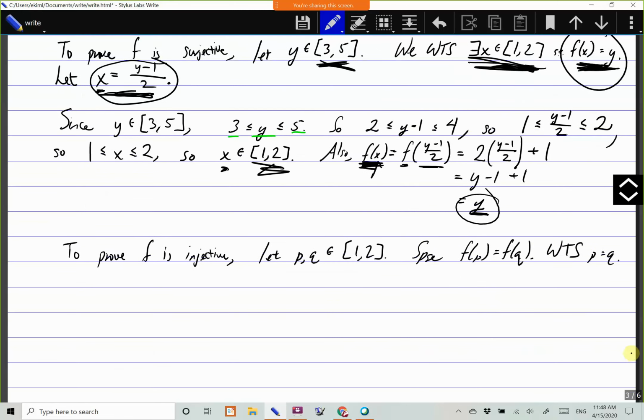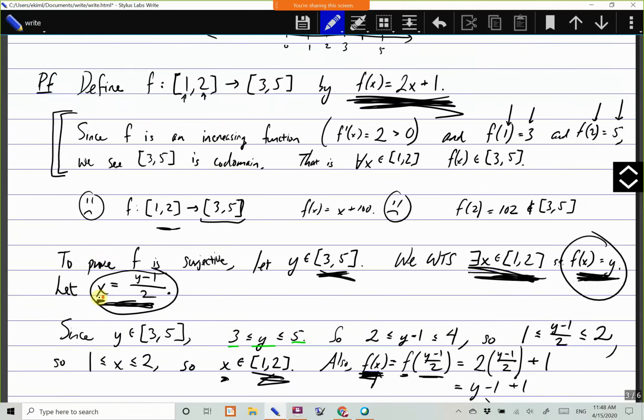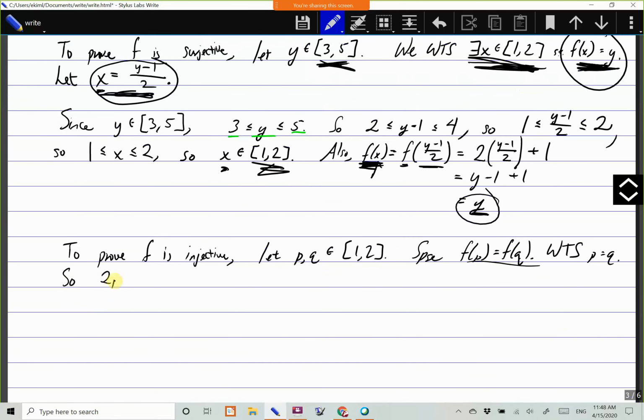So what does it mean that the outputs are the same? From here, f of p, well, what is f of p? What does f do? 2x plus 1. So 2p plus 1 equals, and then replacing f of q based on the rule, 2q plus 1. Now subtract 1 on both sides, so you have 2p is equal to 2q, and then divide both sides by 2, so you get p is equal to q, which was the thing we needed.